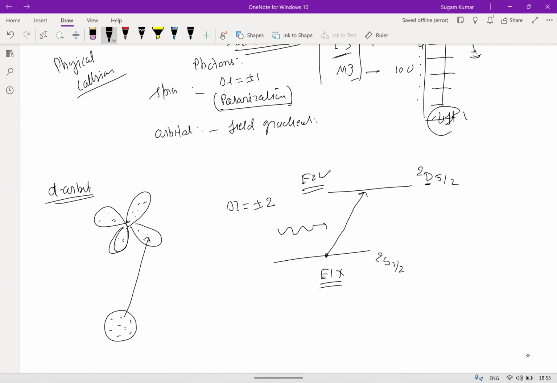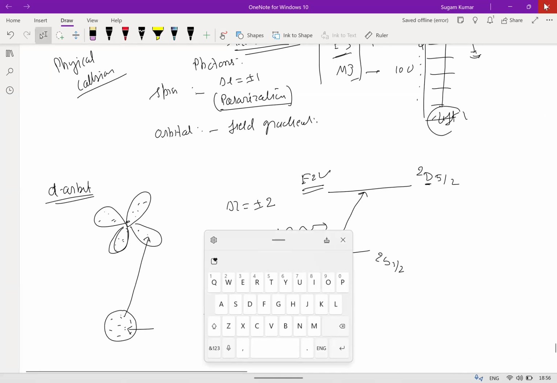So what you can do is put this atom in an electric field which has some kind of electric field gradient. If you can create a laser which has an electric field gradient, then this laser can actually deform the charged electron cloud of the s orbital. You can do that by a tightly focused laser.